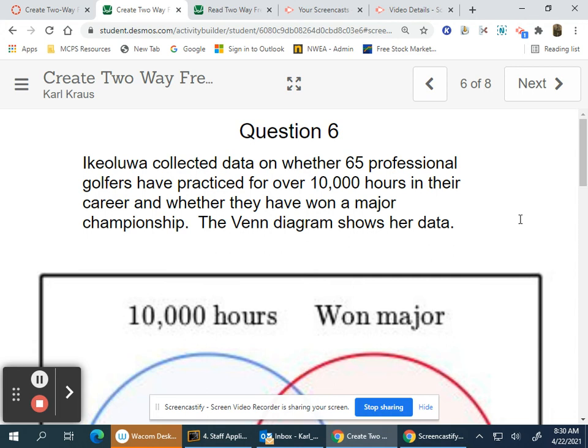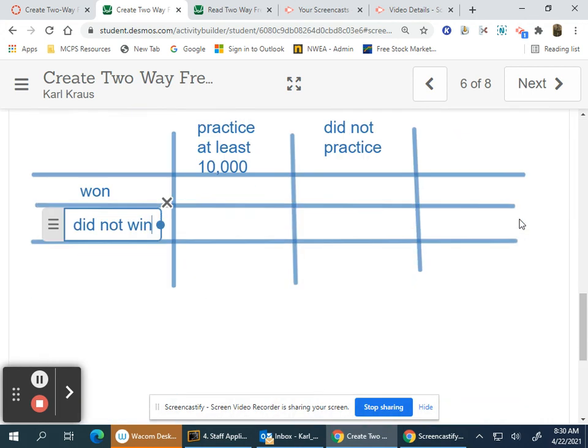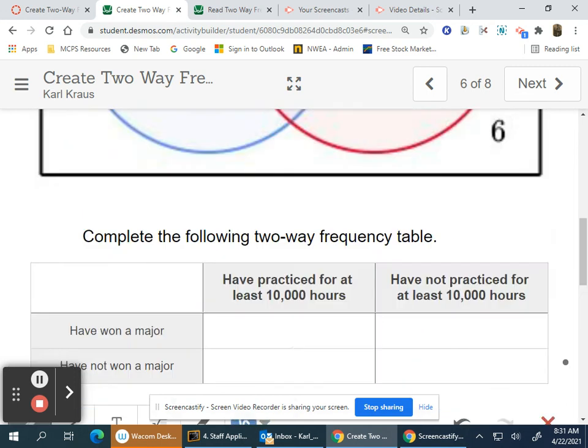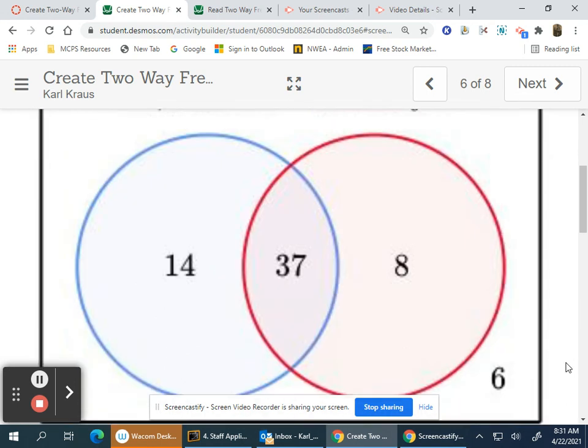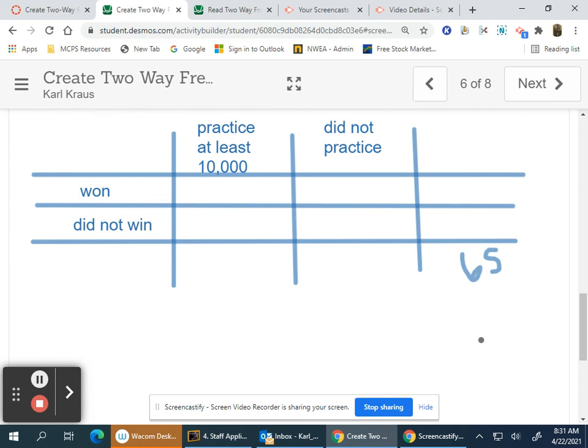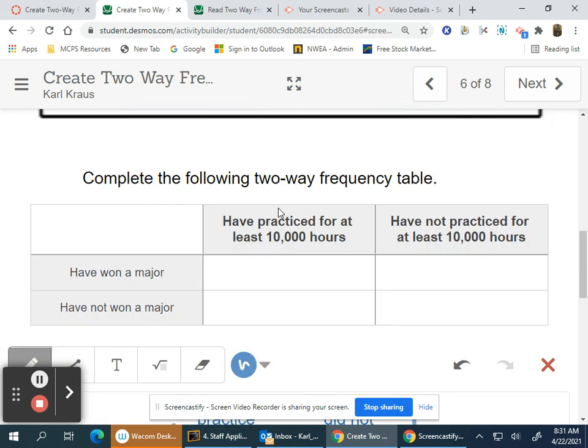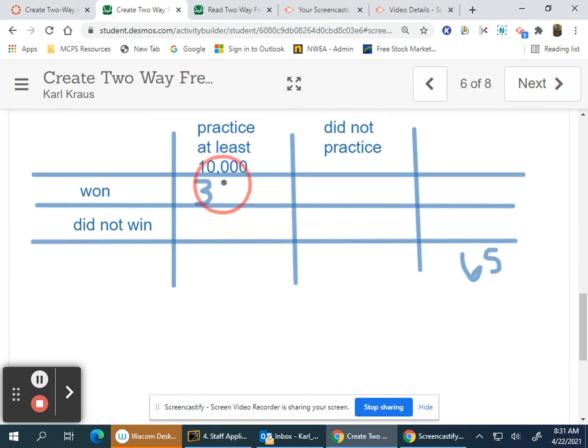Oh, one of the totals I gave you is 65. That's right here. And then 1 in 10,000. That's 37. So that's from the Venn diagram. This is from the given information.